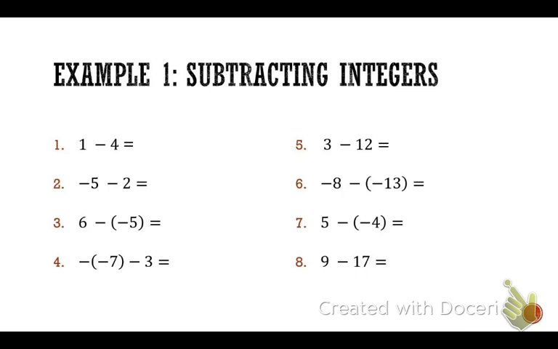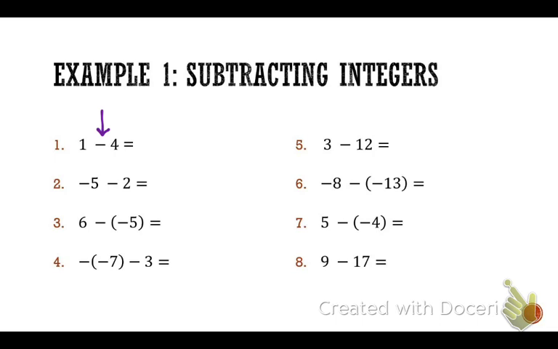This subtraction sign in front of the 4, what we say is every number has a sign. Every number. It's either positive or negative, and the sign is in front of the number. So because that subtraction sign is in front of the 4, guess what? It's negative. It might take your brains a little bit to train it. Because the subtraction sign's in front of the 4, that means 4 is negative.